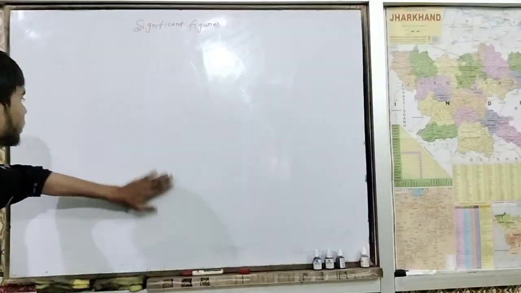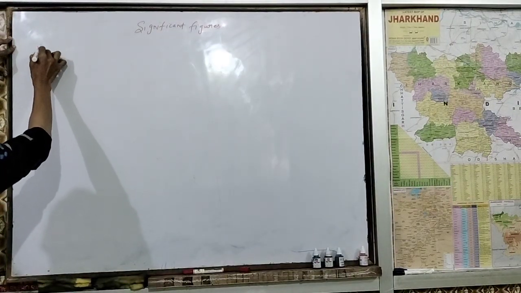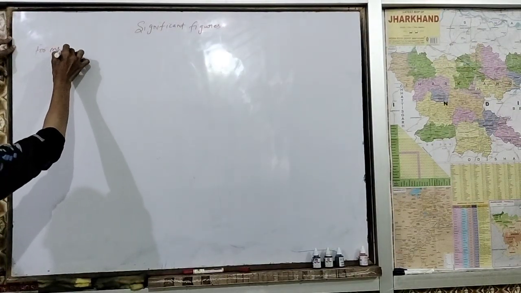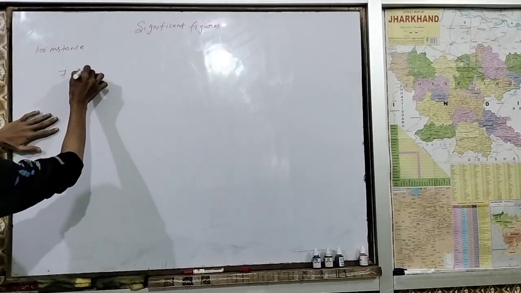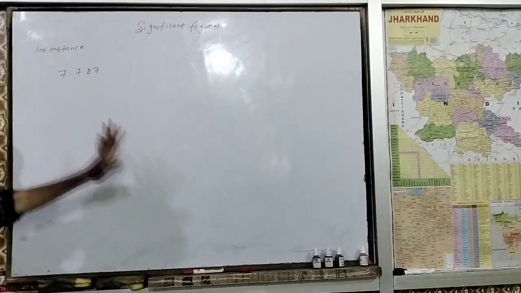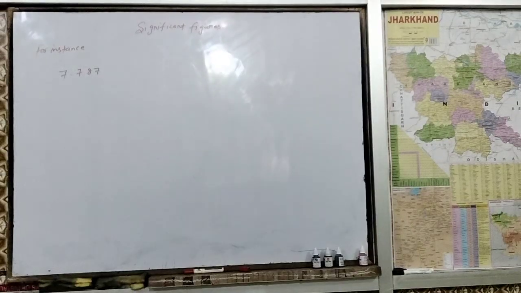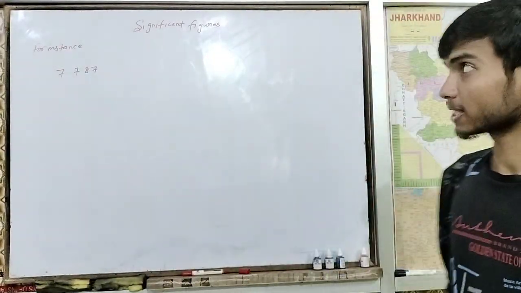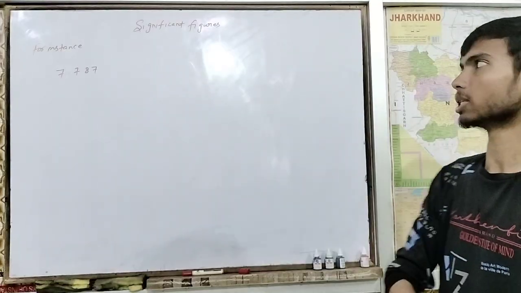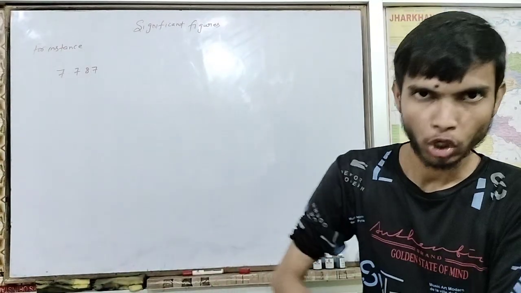Here, look at it. We will take any random number, for instance 7.787. Now you are understanding the importance and meaning of a significant number in this lecture.